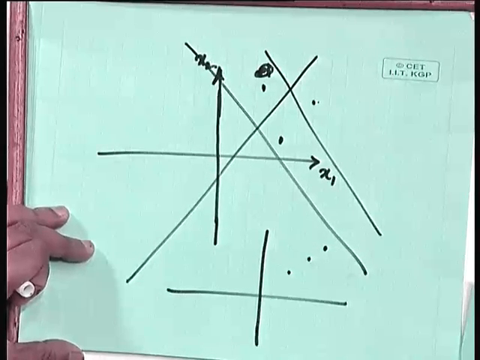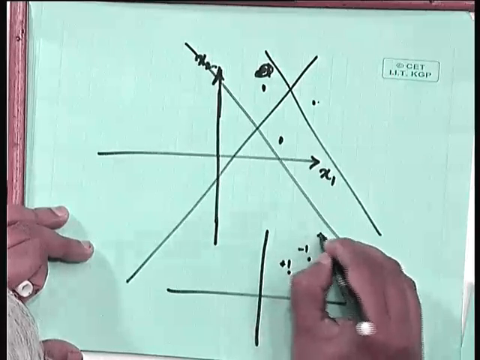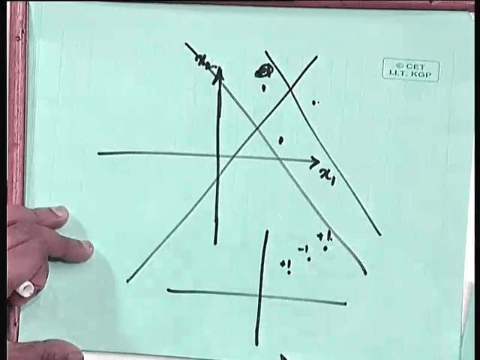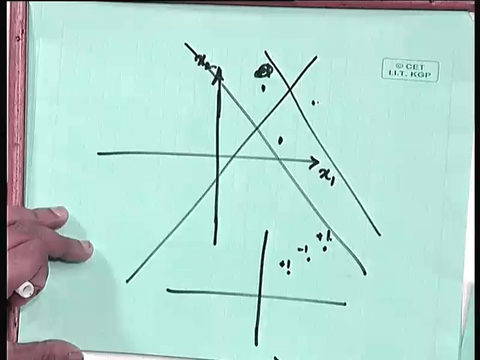The first one is plus 1, second is minus 1, and the third is again plus 1. This is a typical case where you cannot shatter, when they are falling in a line. But except for that case, you can shatter using this.